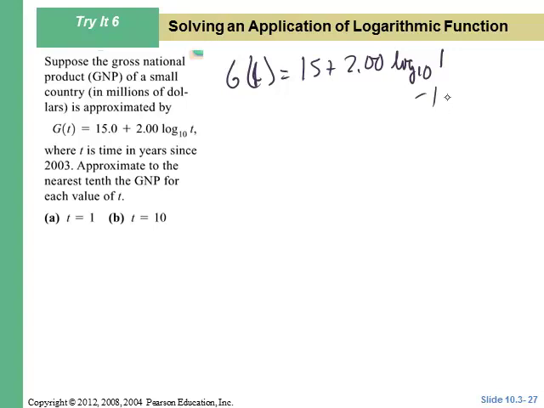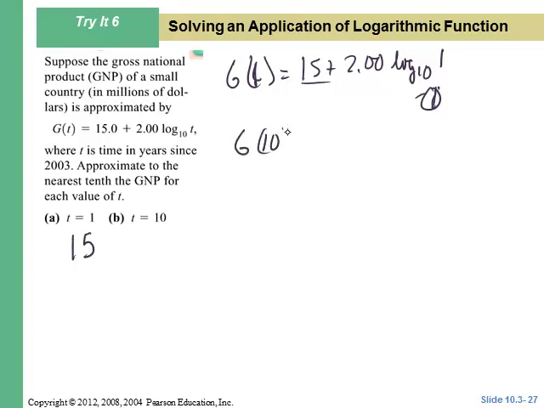No, it isn't. It's 0. 2 times 0, so T of 1 is 15. Let's check it just to make sure. 15 plus 2 times log of 1 is 15. Okay, let's do the second one.